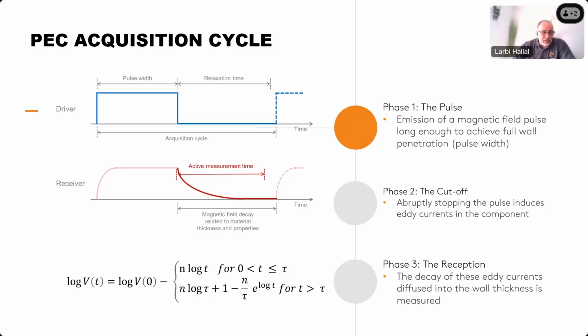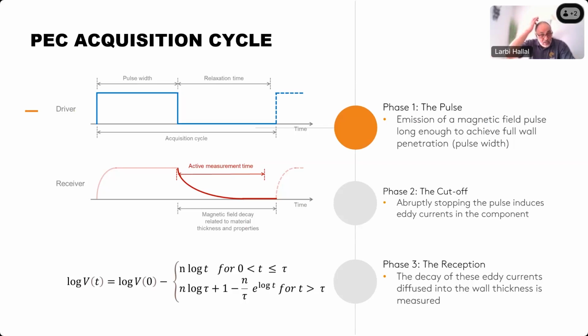What will happen, if we look at the PEC acquisition cycle, it's divided in 3 steps. Step 1, phase 1, we are pulsing, so emitting this constant magnetic field long enough to achieve a full wall penetration. So that's what we call the saturation, and this will lead to the pulse width calculation.